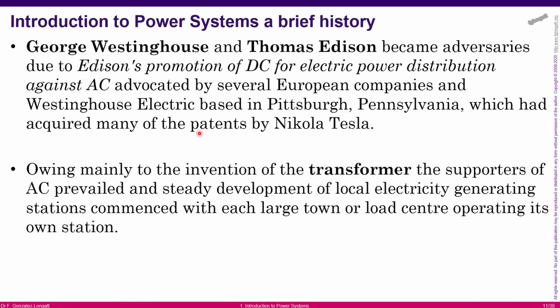George Westinghouse and Thomas Alva Edison became, let's say, friendly enemies, because one was planning to use AC for power production, and the other was planning to use DC for electrical power distribution.